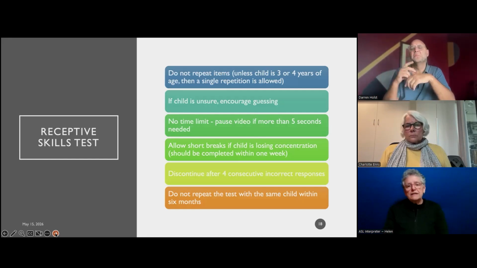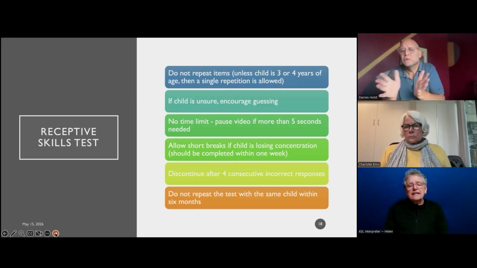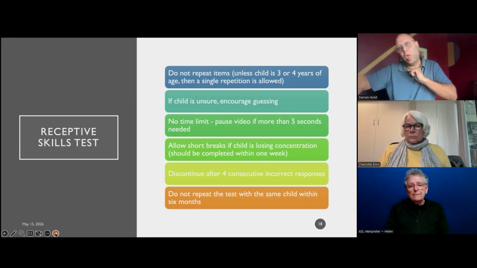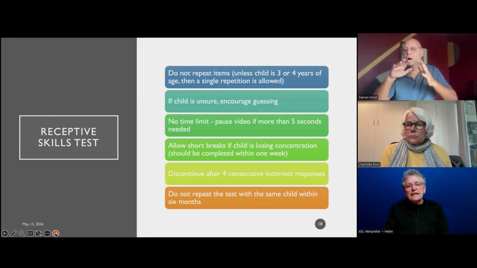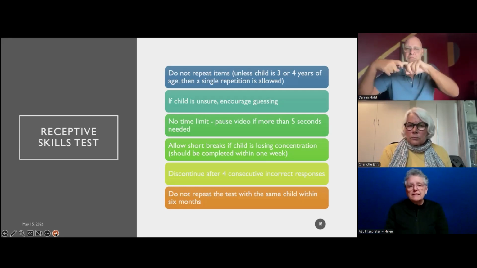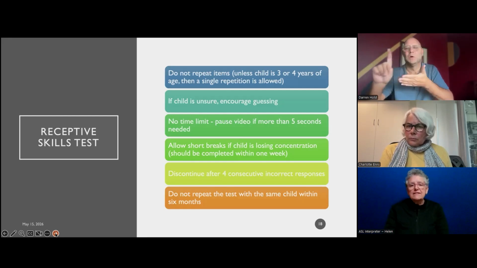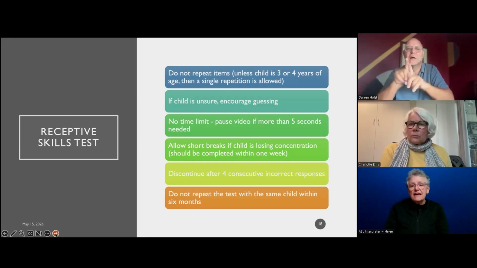There is no time limit on this test. If they're watching for 5 seconds or more, you would encourage the child to give their best guess. But again, there's no time limit. If they were dragging on and on, you would just encourage the child to guess. If they're overwhelmed or get distracted, you can certainly pause the test and then start again, maybe that same week.